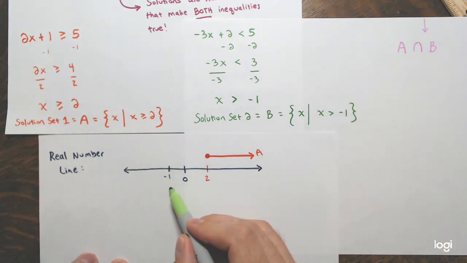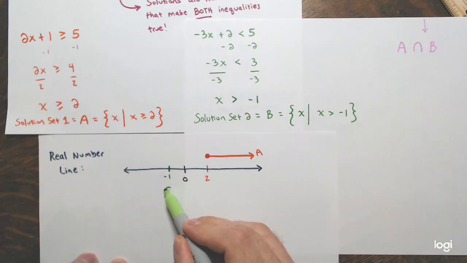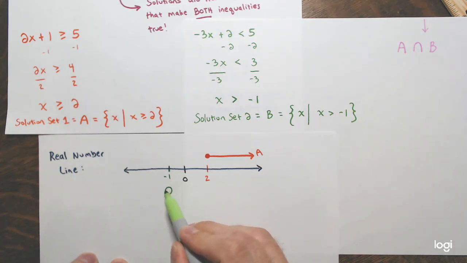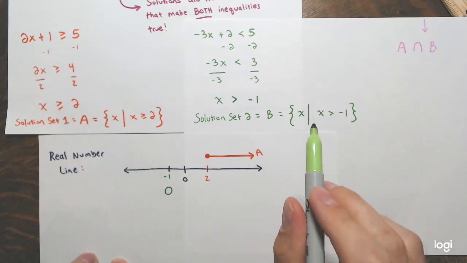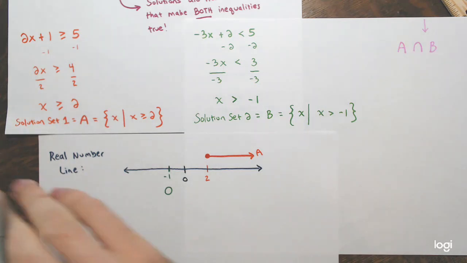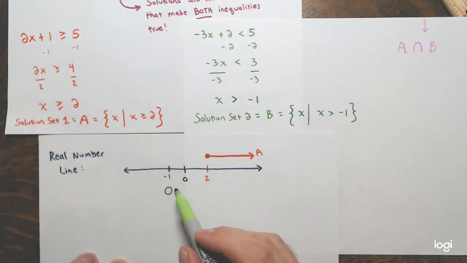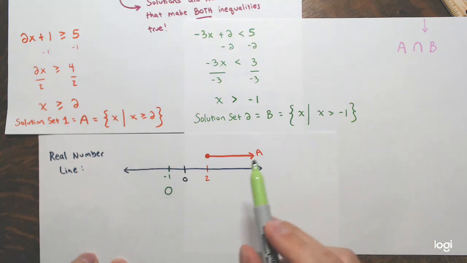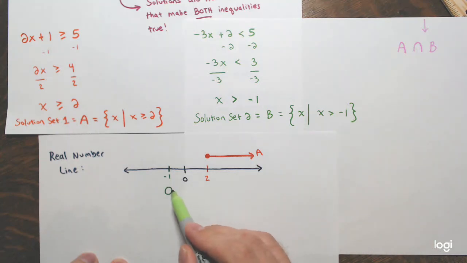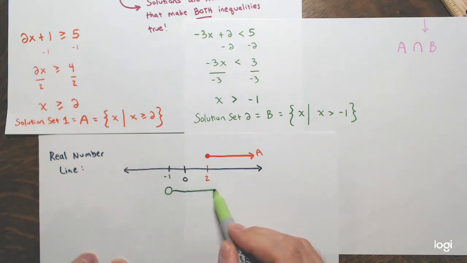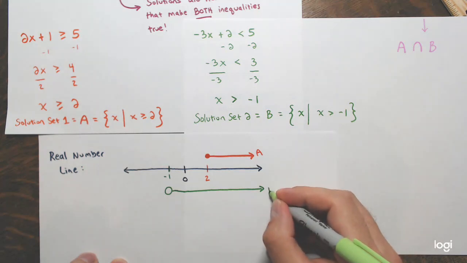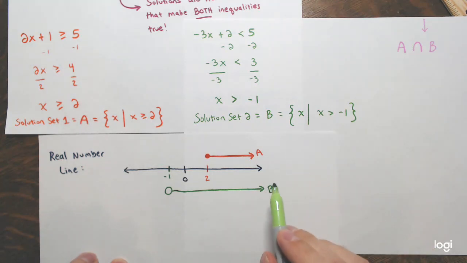So below here, I'll put below -1 this nice open point, like a hole, indicating that -1 is not a solution. -1 does not belong to this set I called B, the solutions of this second inequality. But then all the other numbers, all the numbers greater than -1, so 0, 1, 2, 3, all the numbers to the right of it, all the way to the right forever, these are all the numbers that belong to set B, all the solutions of that second inequality.